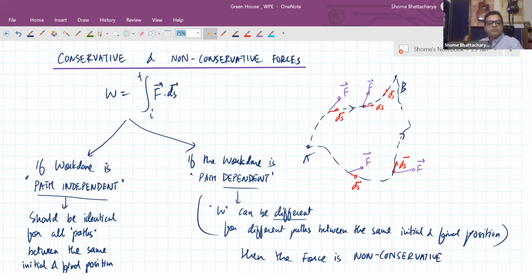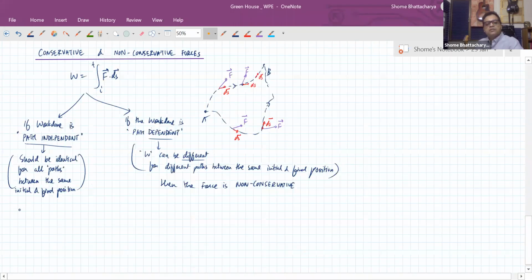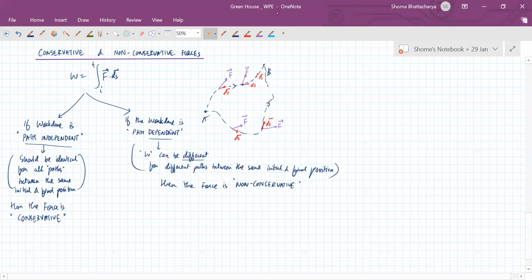Whereas if the work is path independent, it's always the same for whatever path, then the force is what we call a conservative force. So the definition of a conservative force is that the work done is path independent, and the definition of a non-conservative force is that the work done is path dependent. So just make a note of this point first, then we'll continue ahead with examples and things.